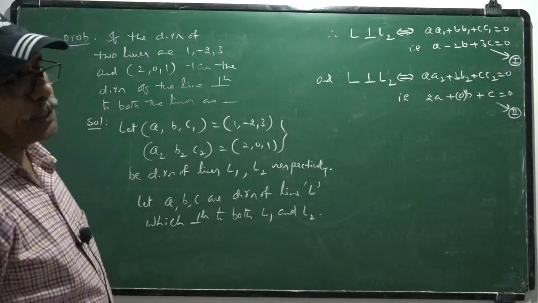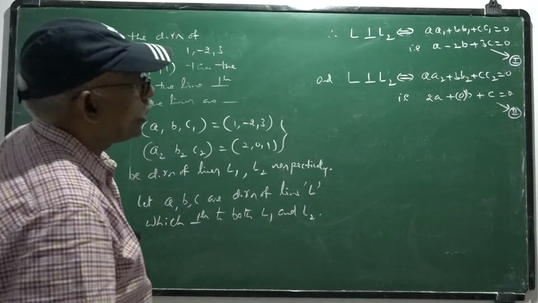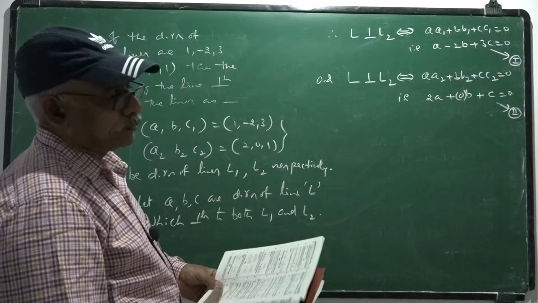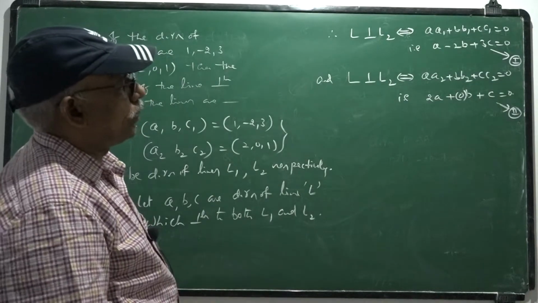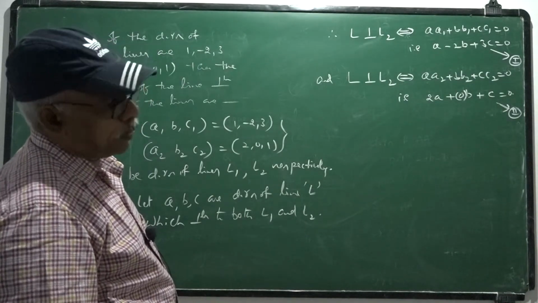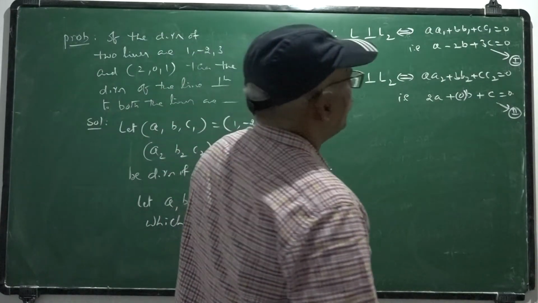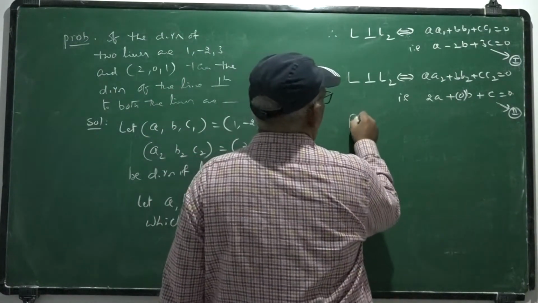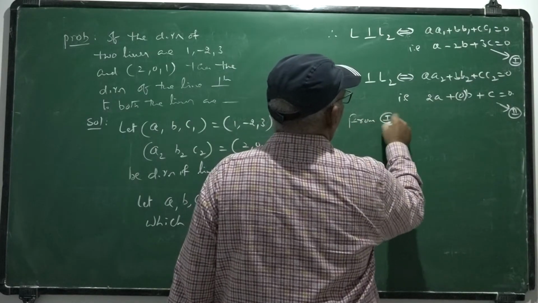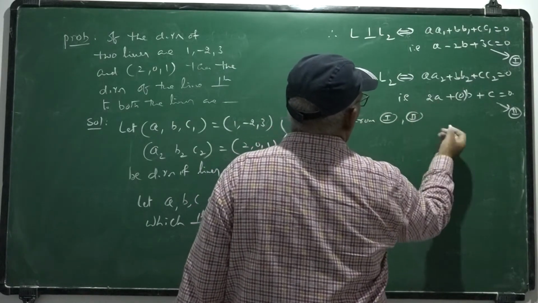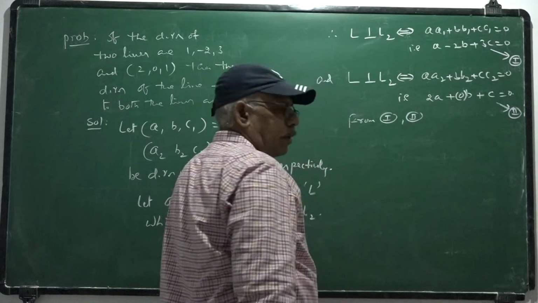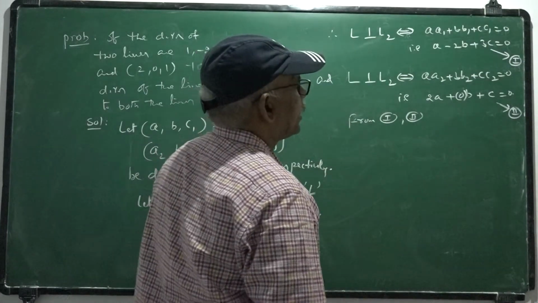We get two such conditions in A, B, C. Now solving for the proportionate values from these two equations, I will consider the cross multiplication method.